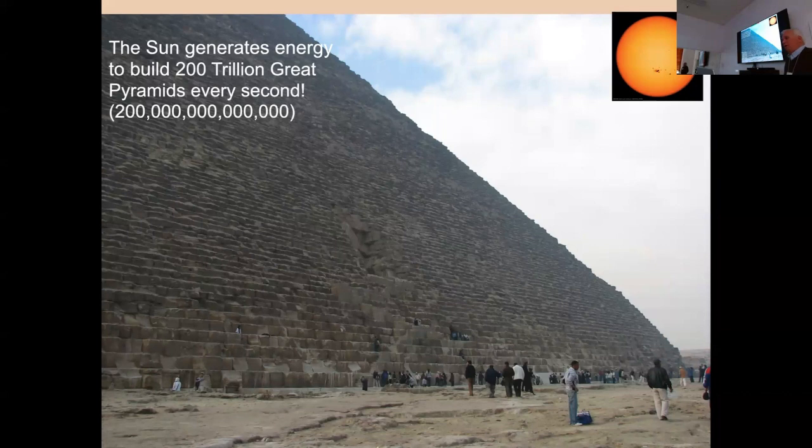It's enough to build 20 trillion Great Pyramids every second. I tried to show the Great Pyramid really is a big thing, and it took a lot of energy to build it. But now, not all of that, that's all the energy that's generated in all directions from the sun. Only a small fraction of that hits the Earth, but still, that's the kind of energies we're talking about.